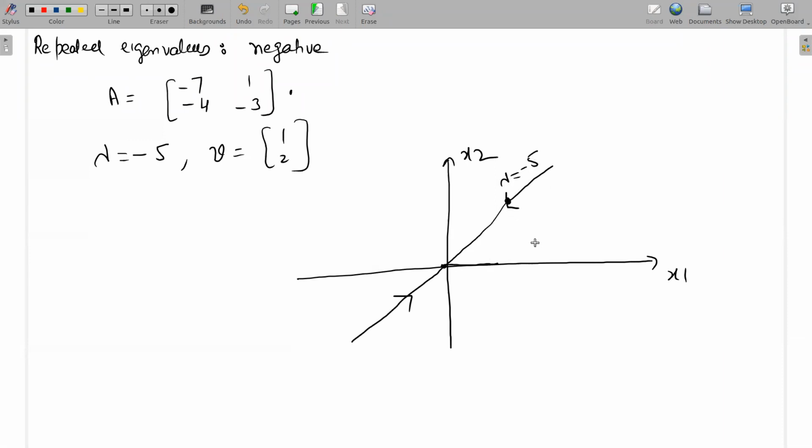But since we have only one eigenvector, now I need to check, let us say you have one solution here. Will it go like this or will it go like this? That is called direction. But here we need to check the direction.